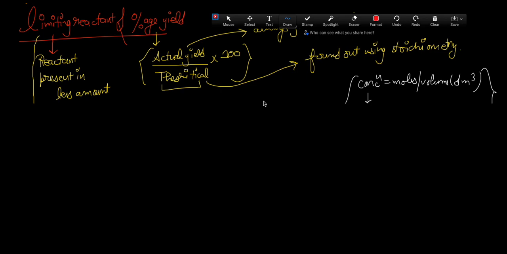So let's find out one question for limiting reagent for percentage yield.